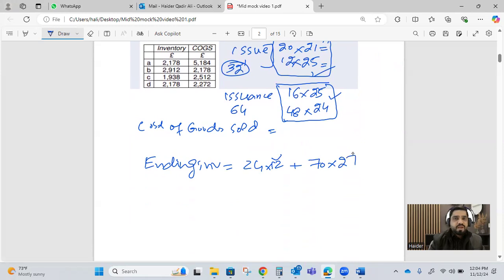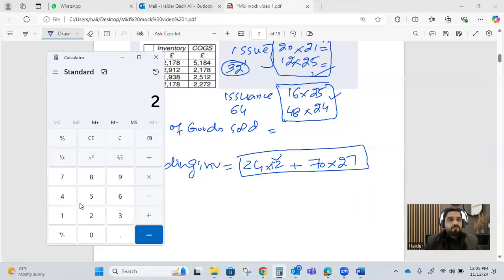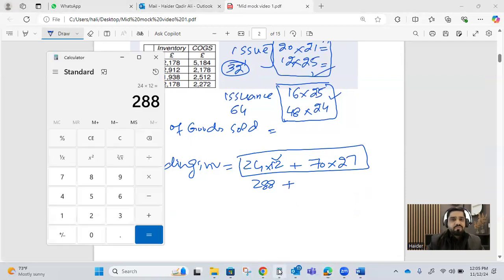If you calculate these values, this is going to be the ending inventory. So let's use our calculator now. First the ending inventory. 24 times 12 units gives you 288. Let me write here 288 plus 70 times 27.